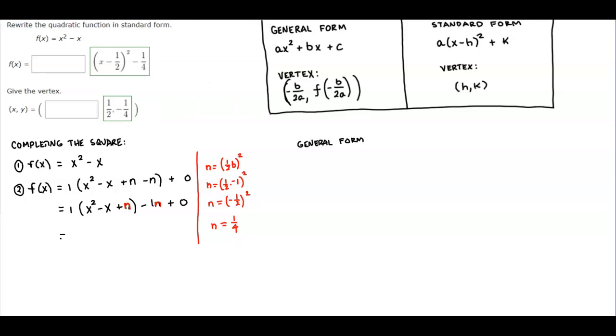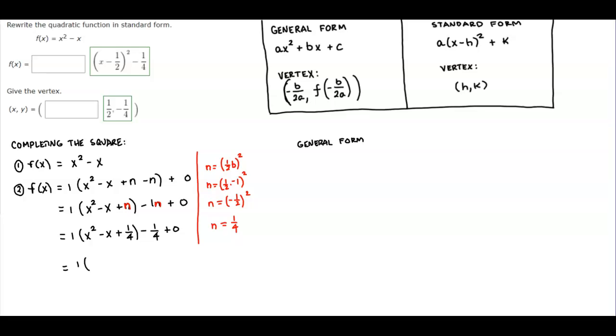So let's go ahead and do that. So now we have 1 times x squared minus x plus 1/4 minus 1 times 1/4, which becomes 1/4, and that's plus 0. And so now if we want to factor this, what do we have to square to get positive 1/4?